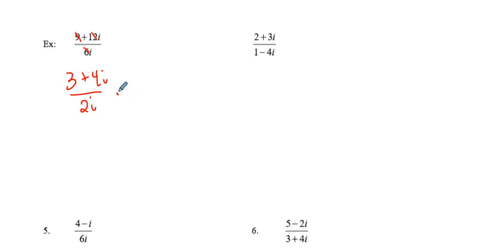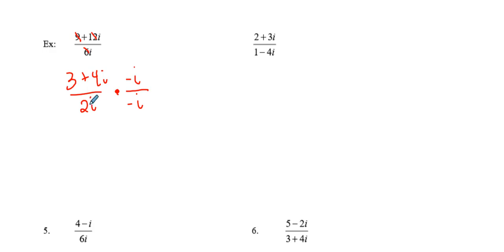What's easiest to do is just to multiply it by a negative i on top and bottom, which is just a product rule because negative i over negative i is 1, and multiplying by 1 gives you the same value. The reason I'm only multiplying by a negative i is because of the GCF. If I multiply by 2i, then everything's going to be multiplied by 2, which then I'll have a GCF of 2.